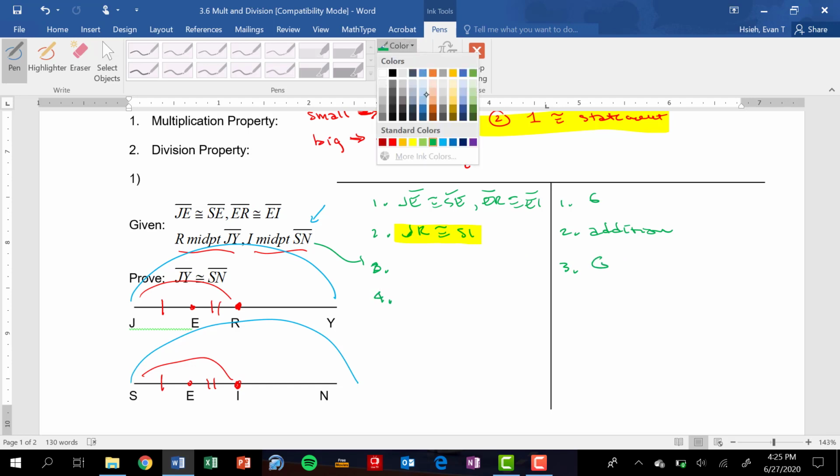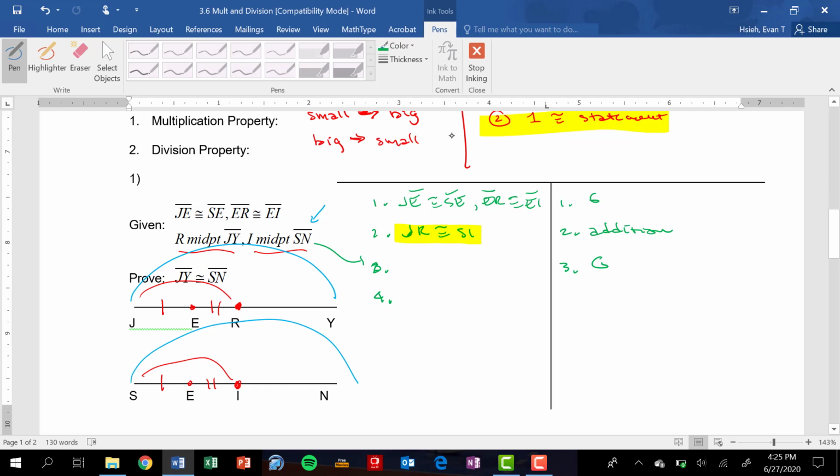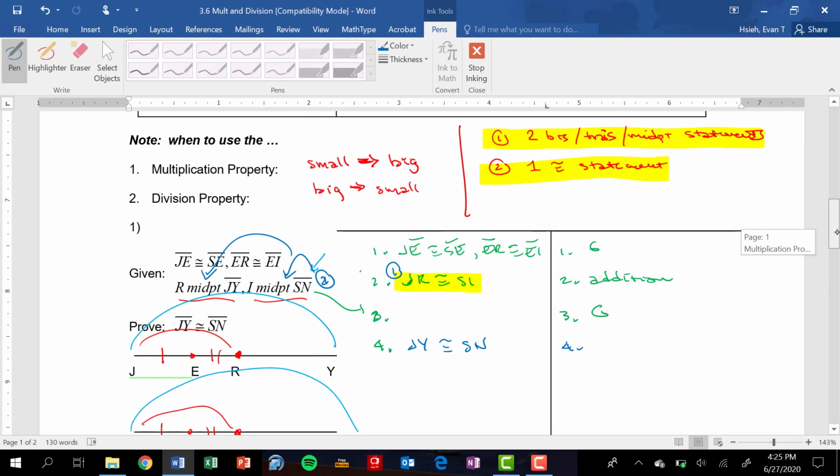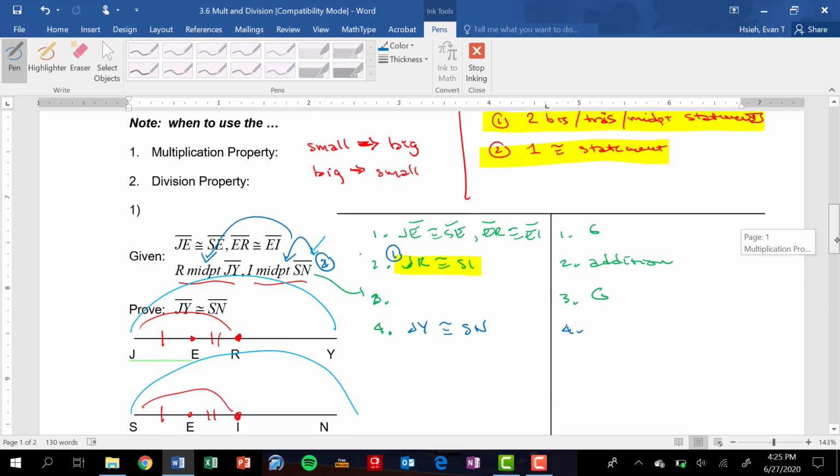So now, because I have a congruent statement and two midpoint statements, I can jump and say that JY is congruent to SN because of, and I'm going to use what we set up above for multiplication property.